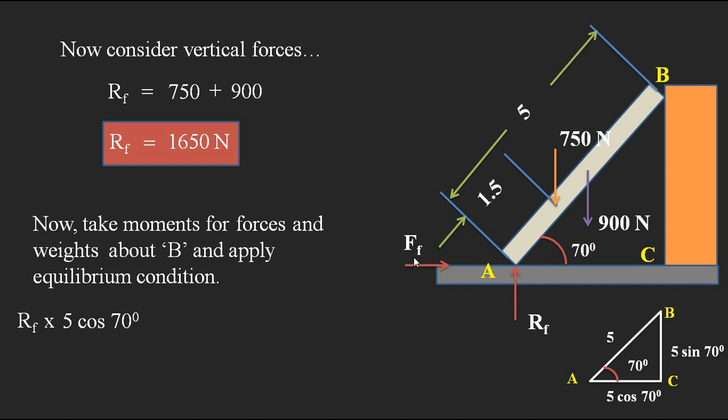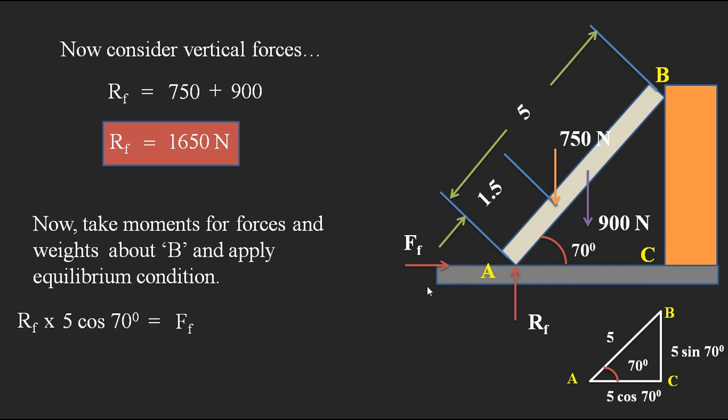So this is equal to the sum of all these moments which are causing anti-clockwise rotation. First I want to consider FF, the force of friction, which is causing anti-clockwise rotation of the body, into the perpendicular distance. If you extend this FF over the floor, the perpendicular distance becomes BC. Force into perpendicular distance gives us the moment.